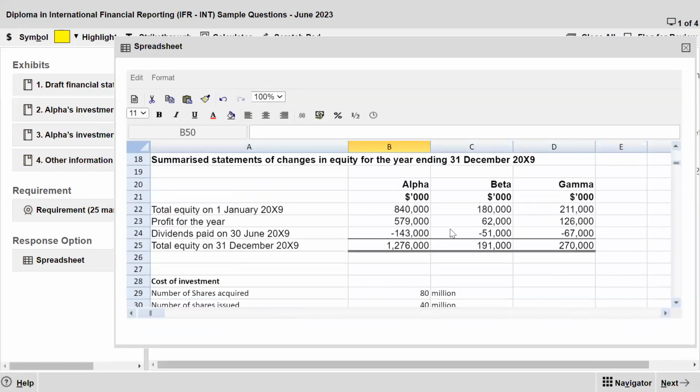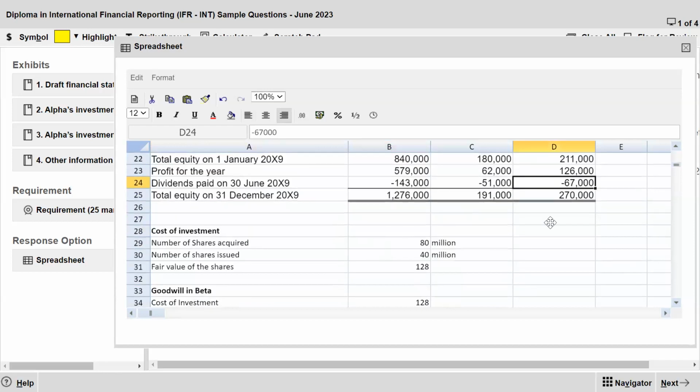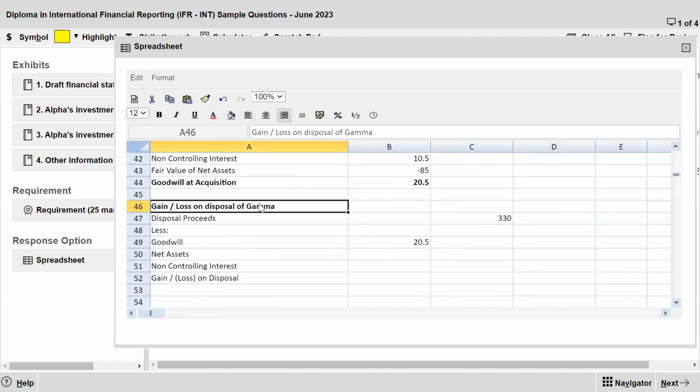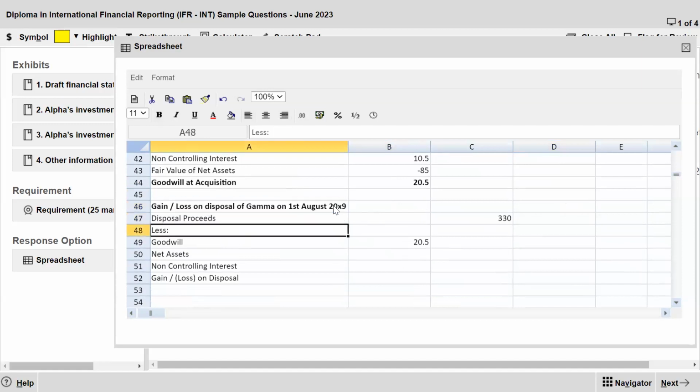So you would say total equity for the 1st January 2009, profit for the year is this. The dividends were paid on 30th June 2009, then this is total equity at 31st December 2009. Now, what was the date of disposal? This was the date of disposal on 31st August 2009. So what do we need to do?